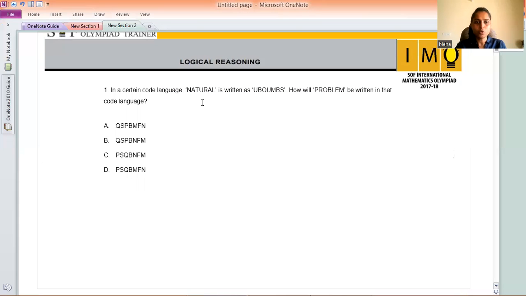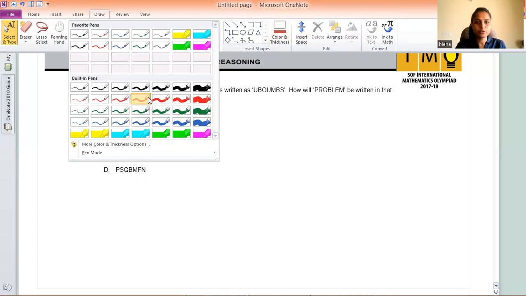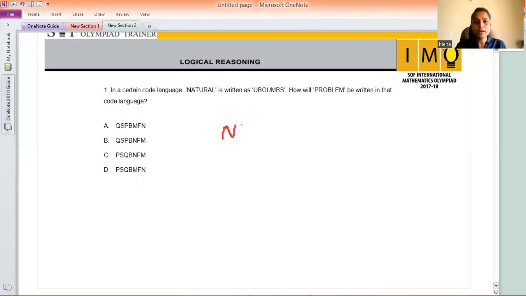Okay guys, so in this word, wait, let me draw for you. Our word is NATURAL and this word is coded as UBOUMBS, right?